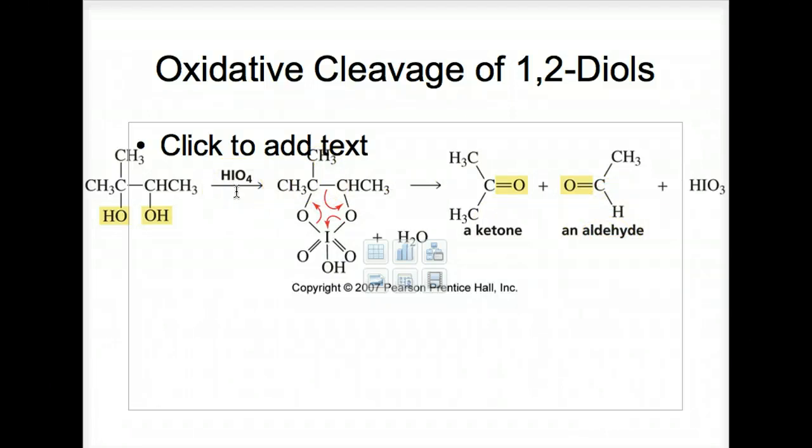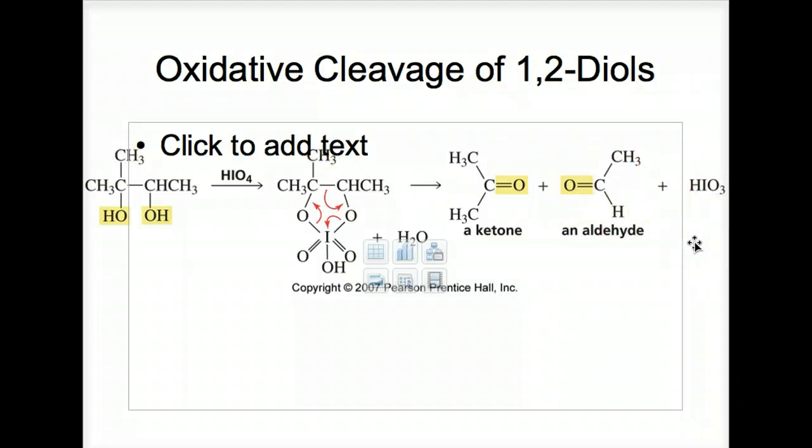Iodine is in a highly positive oxidation state, +7, so it readily accepts electrons. So the 1,2-diol in the form of 2-methyl-2,3-butane diol, this is our cyclic intermediate, and of course acetone and ethanal are the products of this reaction. Overall, it is an oxidation.